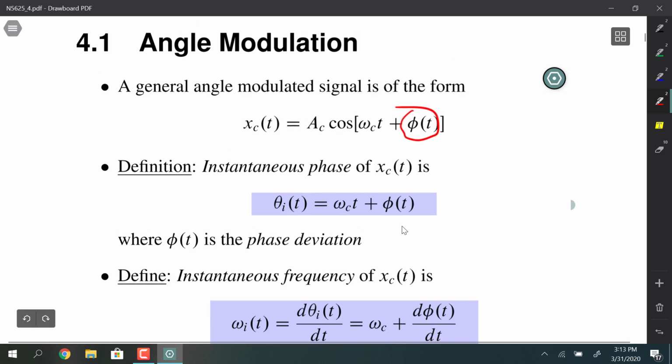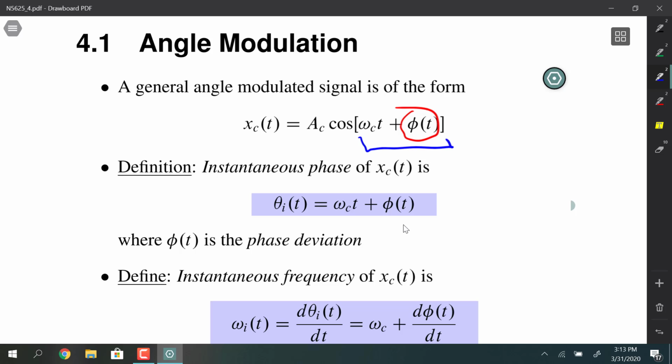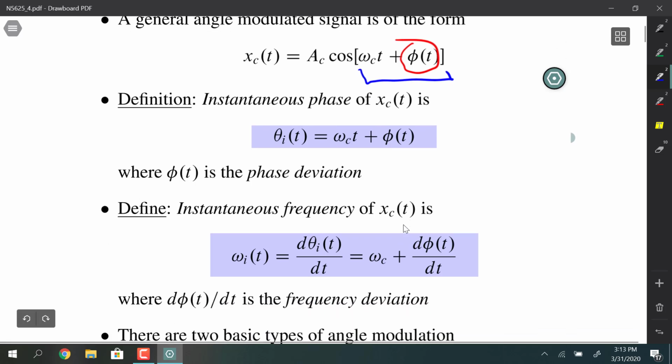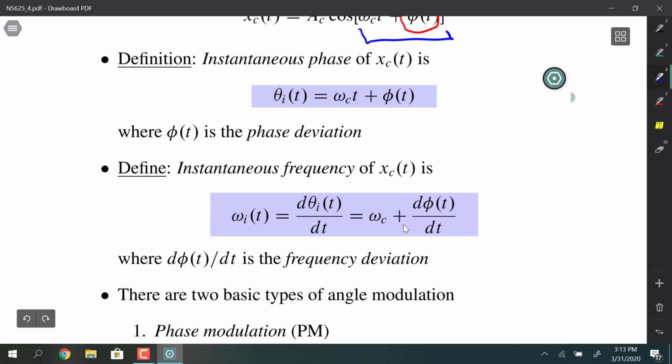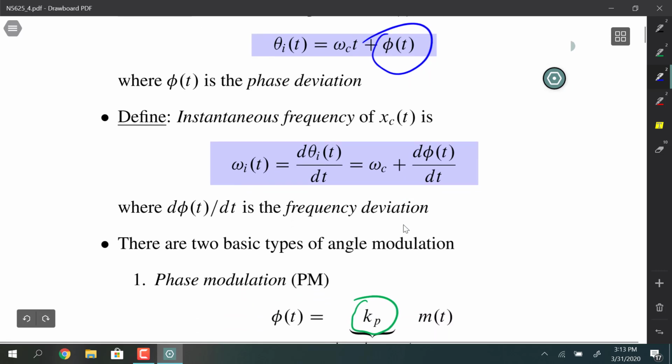Well, that is the entire argument, so that is all of this, omega ct plus phi of t. But the deviation, which is where we're going to be sending our information, is housed in just the phi of t. So the phase deviation is phi of t.